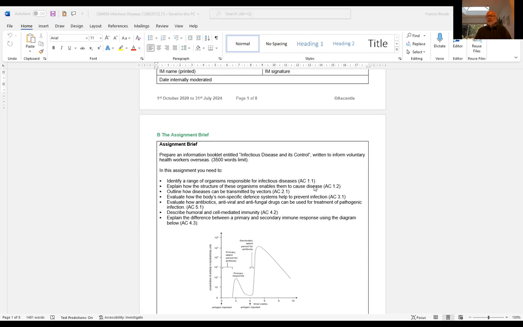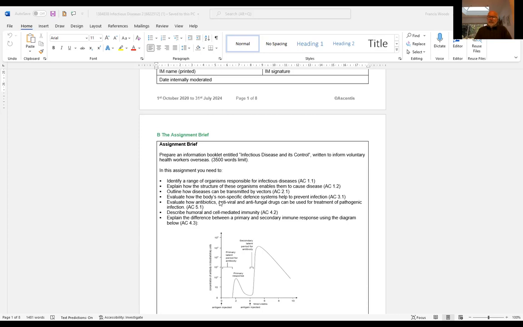And remember, pathogens are organisms that cause us harm. Okay, so we're now going to move on to looking at vectors, which is 2.1, and how then the body can defend itself.